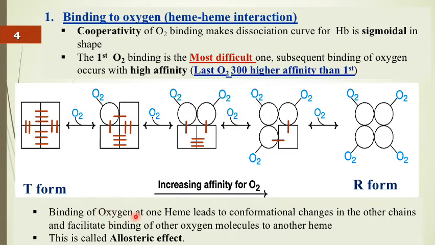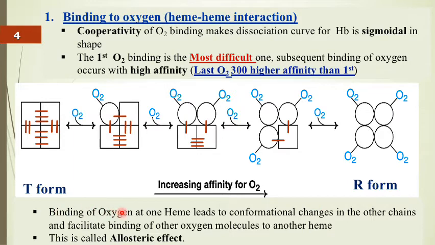Binding of an oxygen atom at one heme leads to conformational change. What is the meaning of conformational change? It means a change in the three-dimensional structure of the protein, because the protein has primary structure, secondary structure, tertiary, and quaternary. This change in the three-dimensional structure changes the position of the heme pocket and facilitates binding of other oxygen molecules.